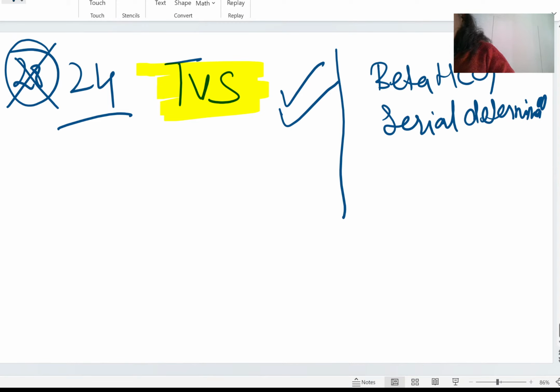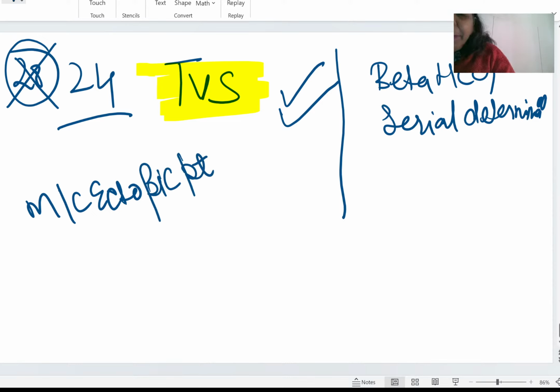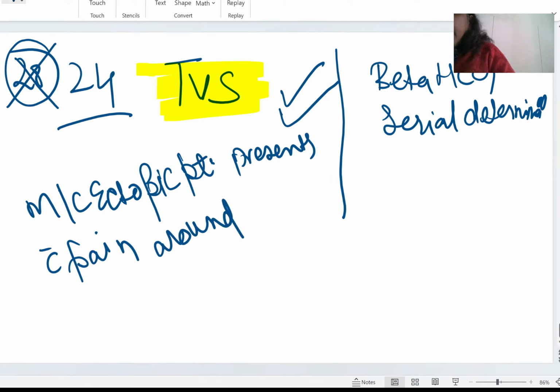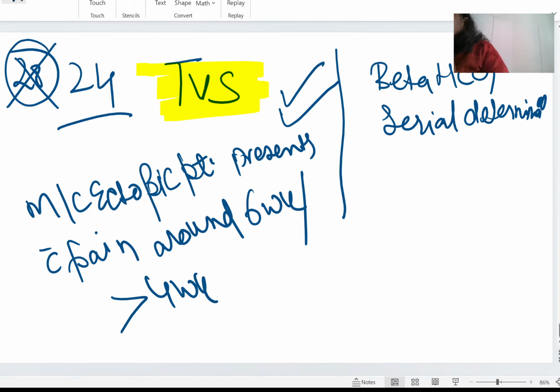Okay, let me tell you. Because most commonly an ectopic patient presents with pain around 6 weeks, or you can say more than 4 weeks. By that time, very clearly we can see it on ultrasound.